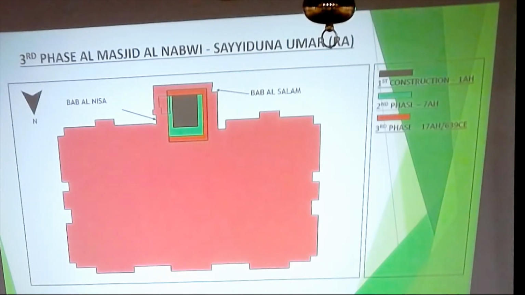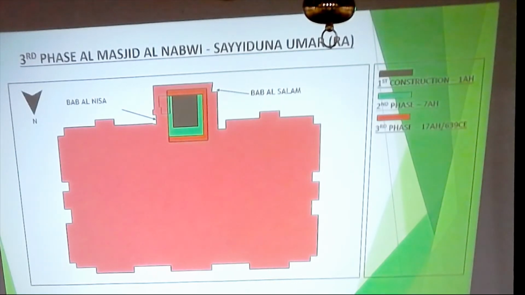Another particular change which Sayyidina Umar radiallahu anhu made was he added 2 doors. One door which he added was Babul Nisa. This door is currently there, and that door is used to enter into the masjid when you now want to go to the Rawdah.